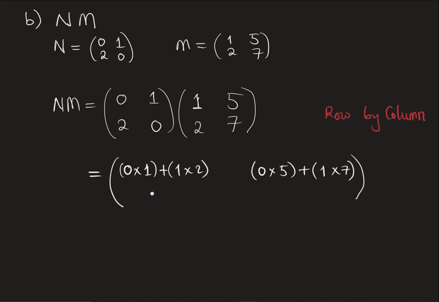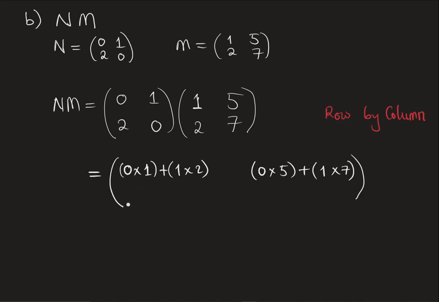For example, in the first position here, we multiplied the first row and the first column, so our answer was in the position, the first row, the first column. This answer that we've written in this position is because we multiplied the first row and the second column. So our answer is going to be in row 1, column 2.